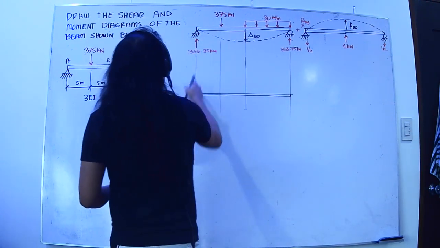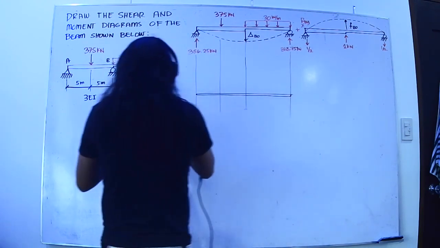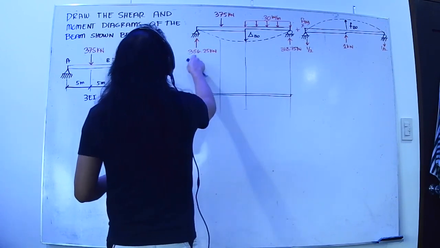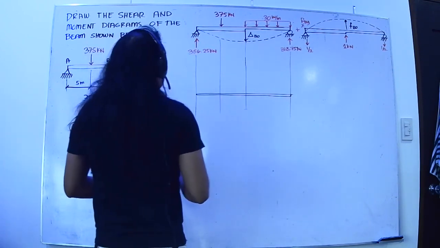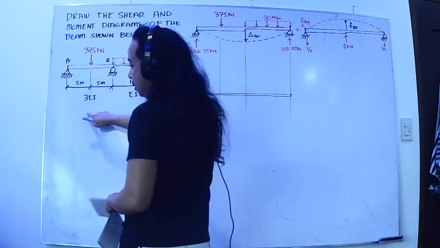That is 356.25 multiplied by 10, which should be 3,562.5 on top. But we have to remember that this is 3EI.